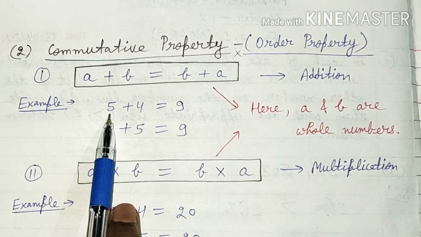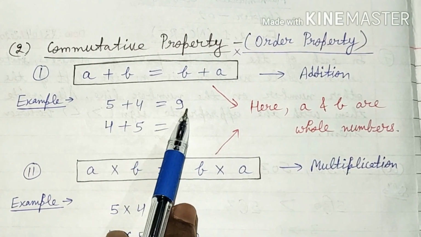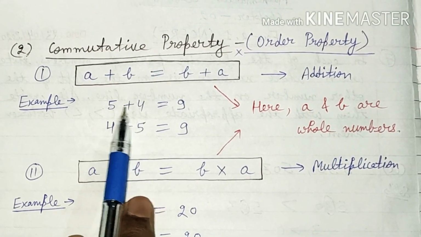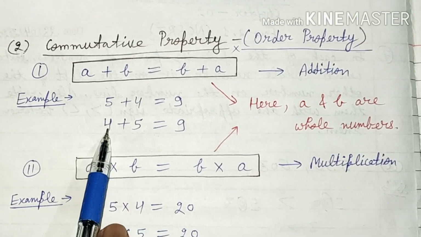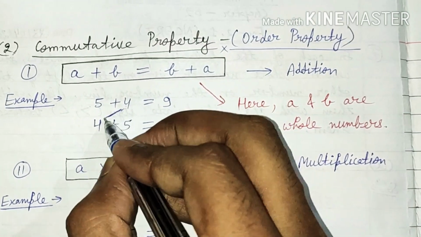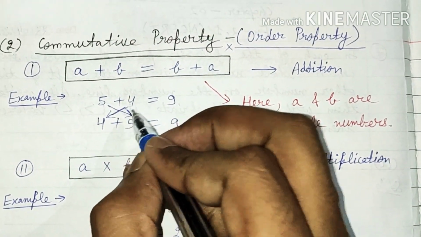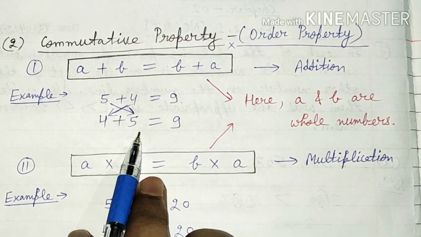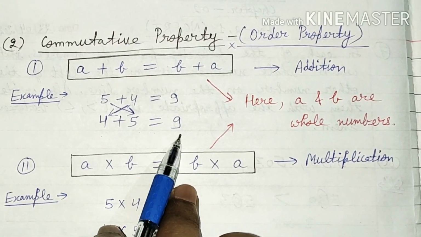When we add 5 plus 4, we will get 9. Now when we change the order of these numbers, 4 will come here and 5 will come here, 4 plus 5 will also be equal to 9.